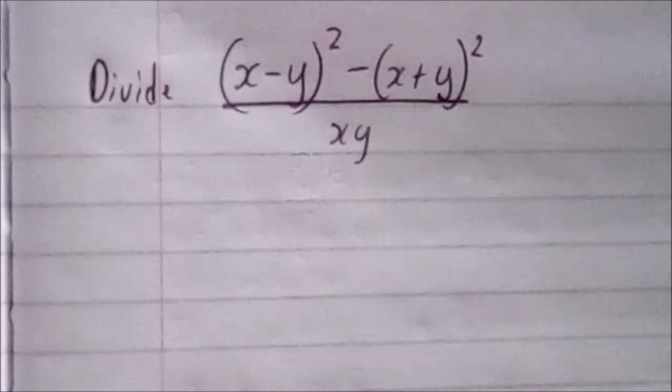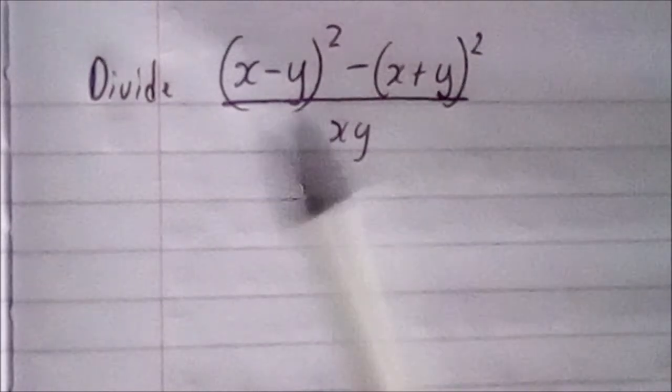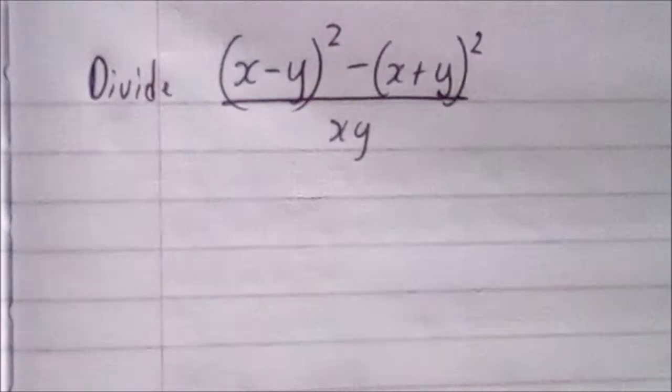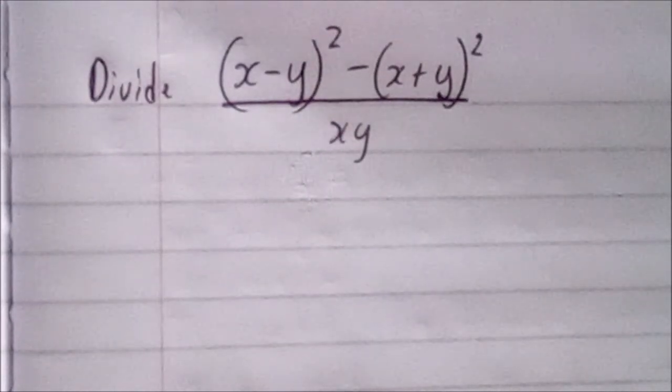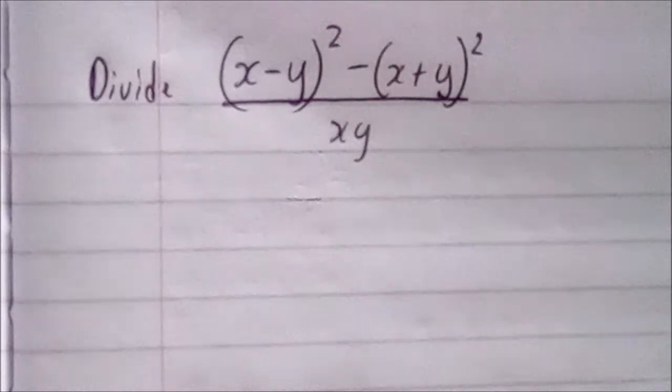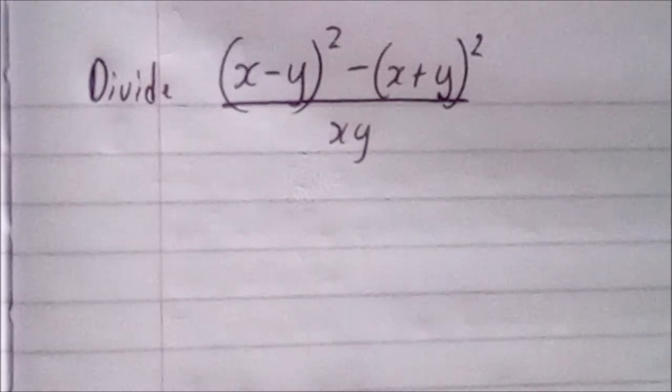Let us say something about this strategy. We'll remove the parentheses in the numerator and collect the like terms. Then we will divide each term of the polynomial in the numerator by the monomial in the denominator. Okay, why? This is the rule for dividing polynomials by a monomial.